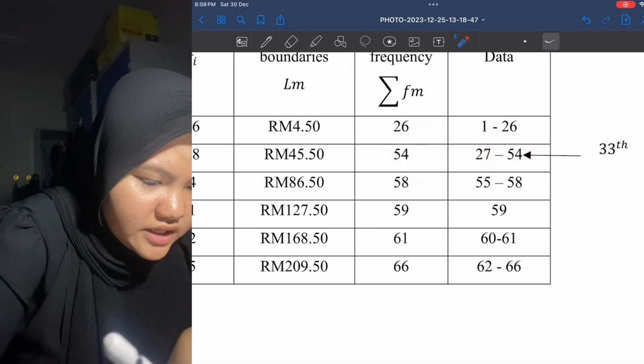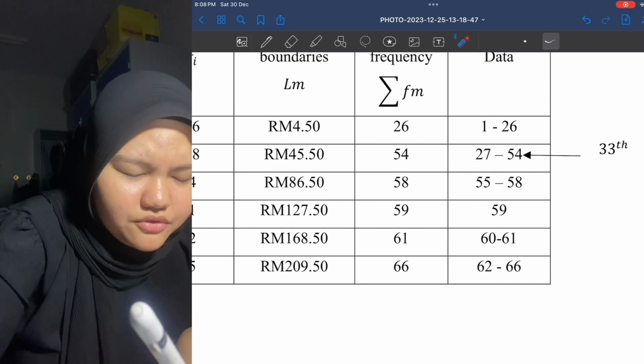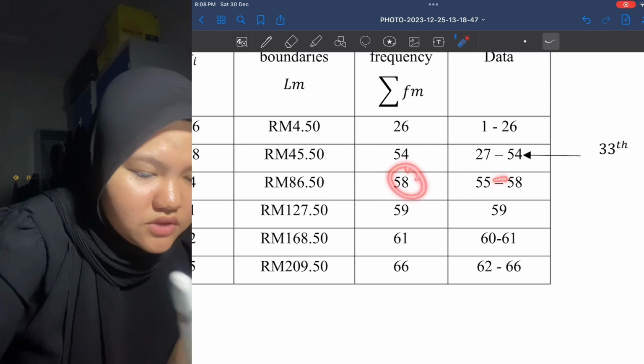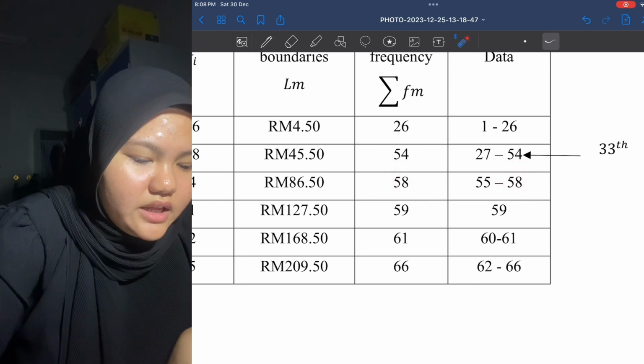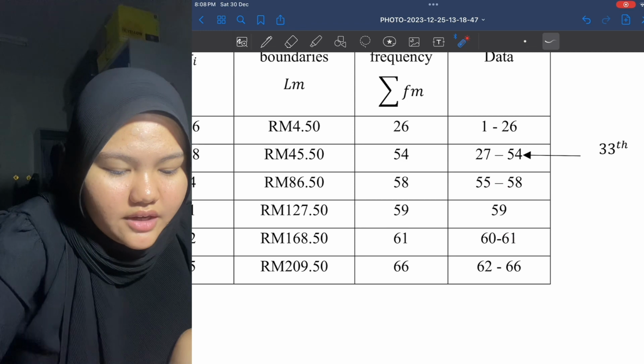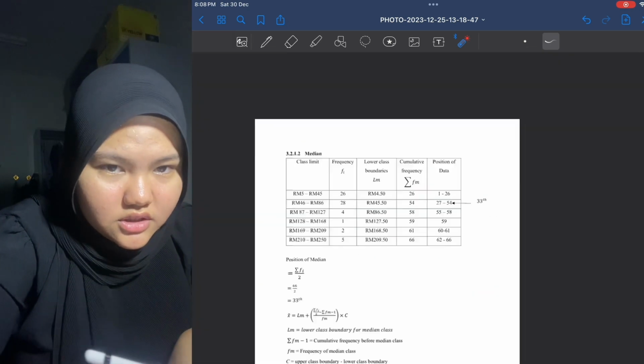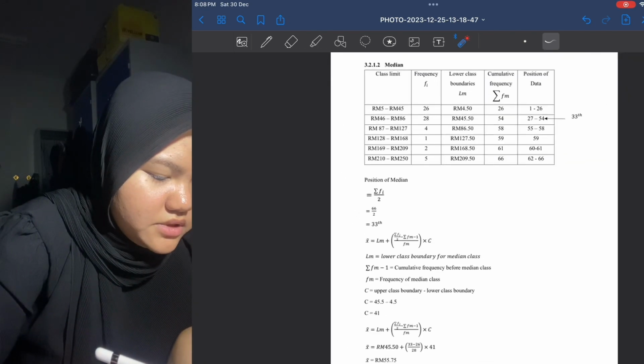Just refer here. After 54 is 55 until the cumulative frequency, which is 58. And what is after 58? 59. After 59, 60 until 61, and then continue for the next class limits.